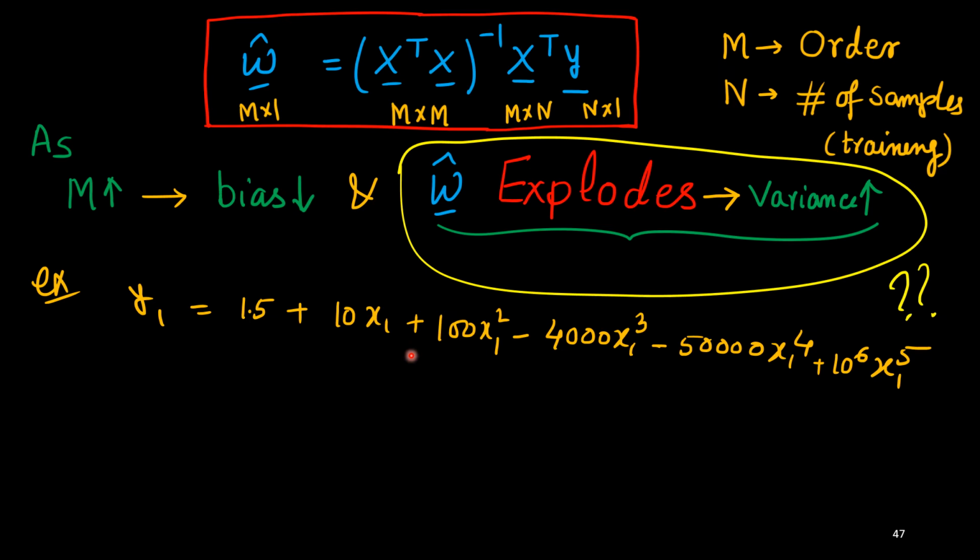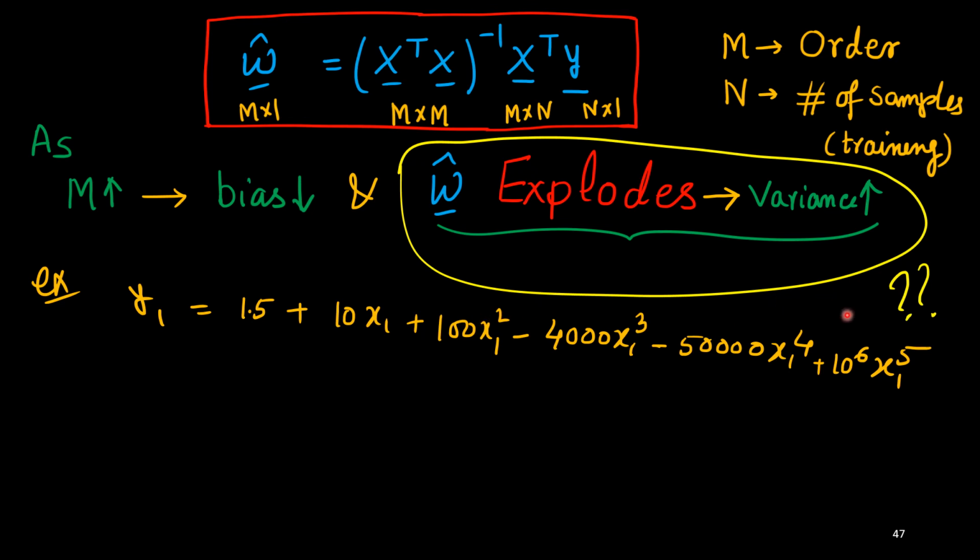Suppose the coefficients w0 is 1.5, w1 is 10, and w2 is 100, and so on, going to values like minus 400 and 50,000. These coefficients are very large. So this model will fit this data point x1, y1 perfectly. That is fine. So there is no error, right?